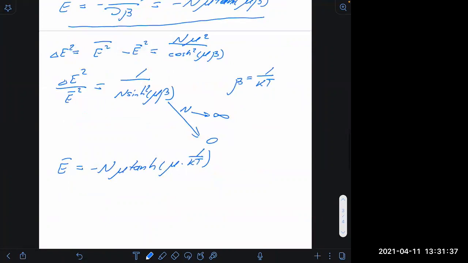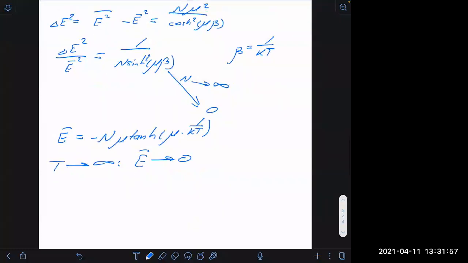So what happens when temperature goes to infinity? The argument of a hyperbolic tangent then goes to 0, so the tangent itself goes to 0. So E bar tends to 0. Cool. We'll talk about what this means in a second.